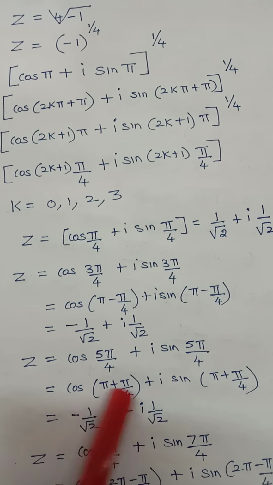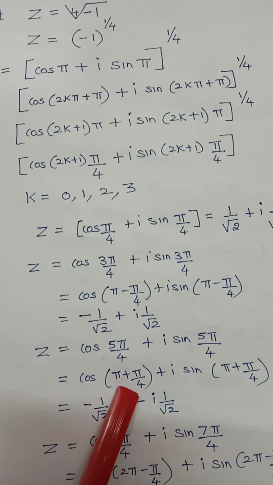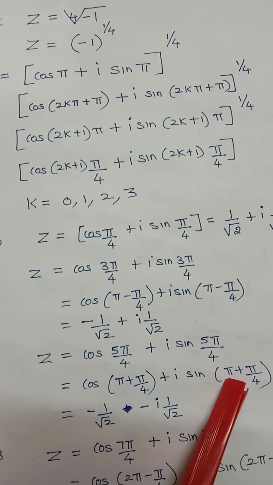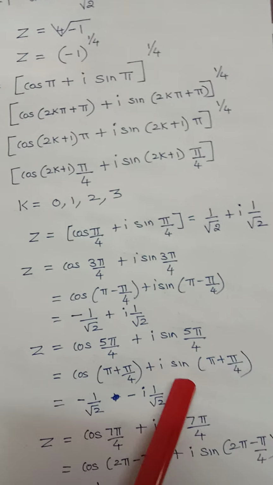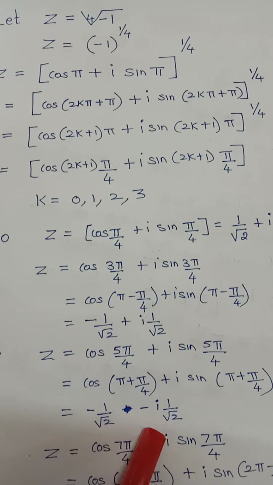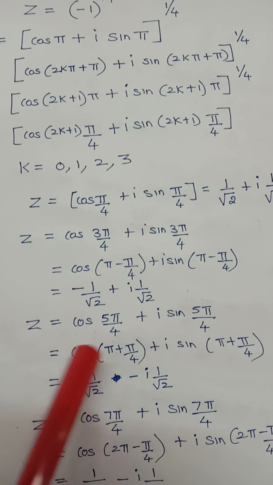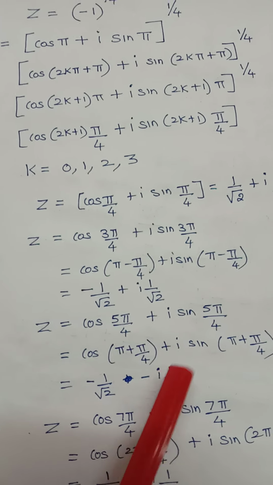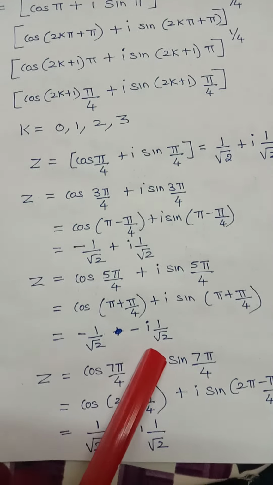The purpose behind writing like this is that pi plus means 180 plus, and 180 plus means third quadrant. In the third quadrant, both sine and cos are negative. So in both places I have to put a minus sign. Then you have to see cos 45 is 1 by root 2, sin 45 is 1 by root 2.